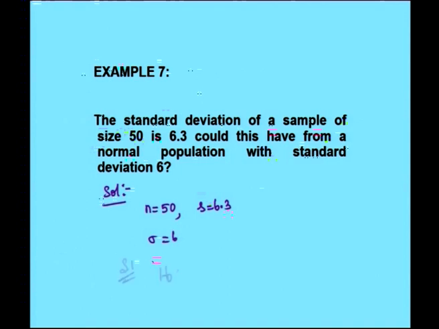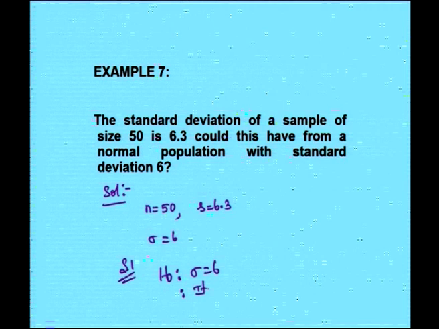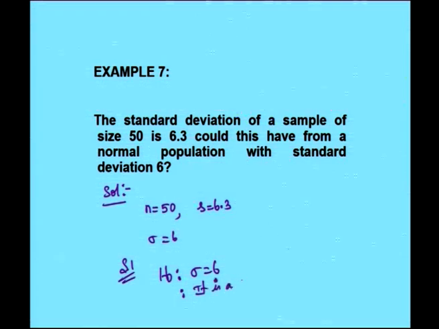So, step 1, H naught: sigma is equal to 6, that is, it is a sample from a normal population with SD 6. Okay, that is your step 1. Step 2, H1: sigma not equal to 6, that is, the population SD.